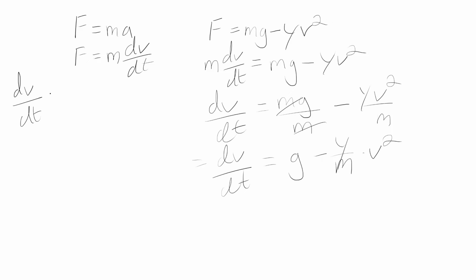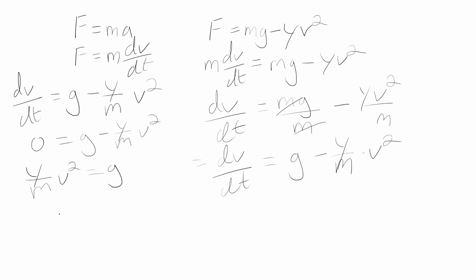So we set the left side equal to 0, which is equal to g minus the drag coefficient over m times v squared. Now let's just add this to the left side. We get the drag coefficient over m times v squared is equal to g.